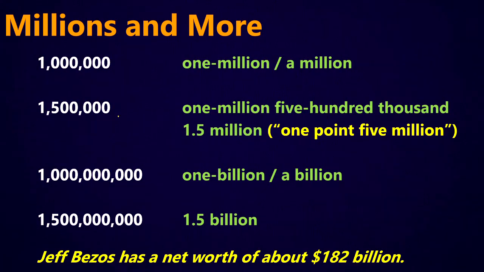When we're getting into the millions and more, so the millions, the billions, and the trillions, there's a few different ways that people will talk about those numbers when they're speaking. So we have a million, so we could say "one million," but people will normally say "a million." If we have more than a million, formally, we would say "one million five hundred thousand," like here, or people might say "one point five million."